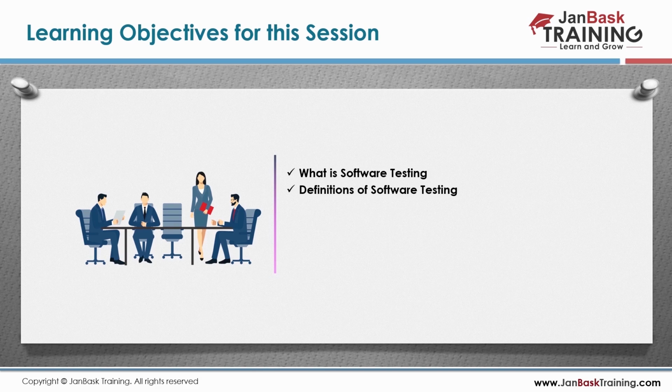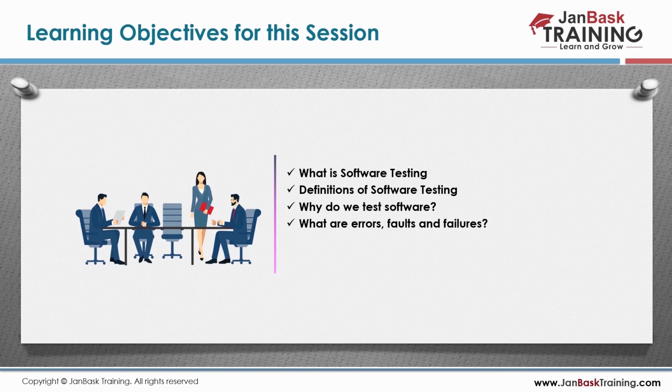Then we are going to learn why we test software, what exactly is the need for testing a software, and we'll also see some historical events where software testing was not taken seriously and it had adverse effects. Then we are going to understand what are errors, faults, and failures, and then the principles of software testing.